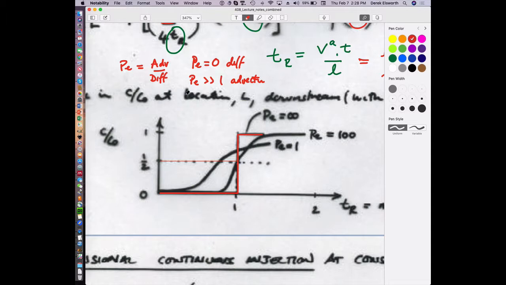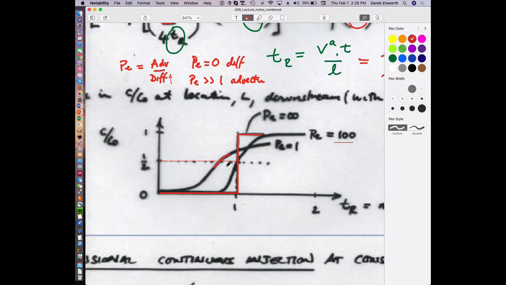If you start making the diffusive part larger, you'd expect that the Peclet number decreases. So if instead of using something which is 100, we use something equal to 1, where advection and diffusion are present in kind of the same amounts, then the result we get is this line here.